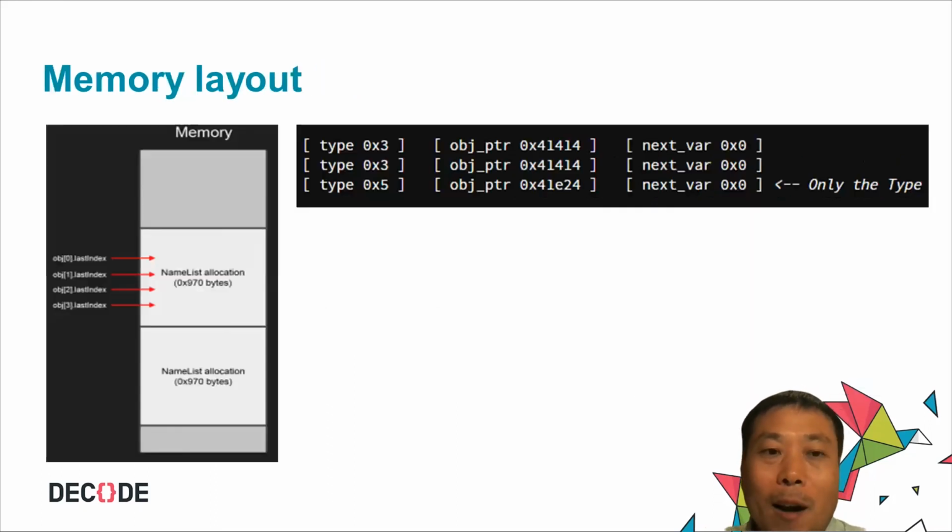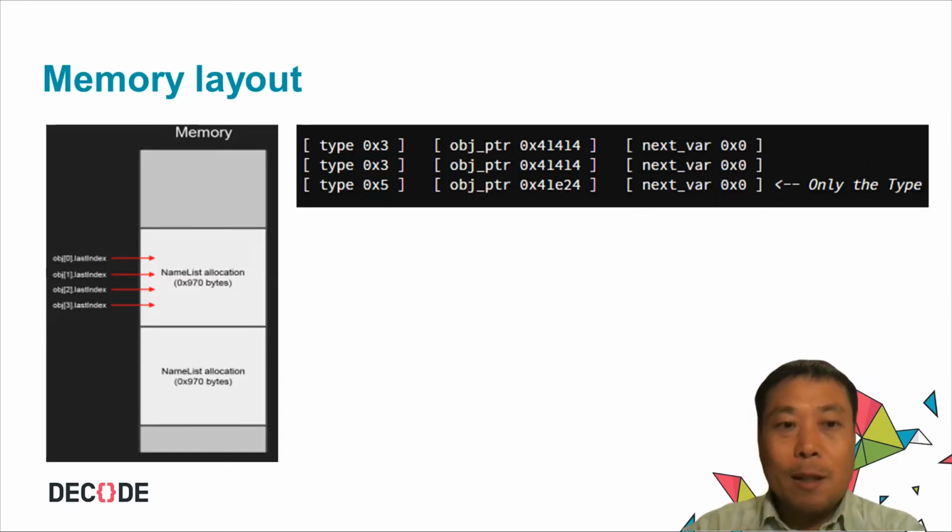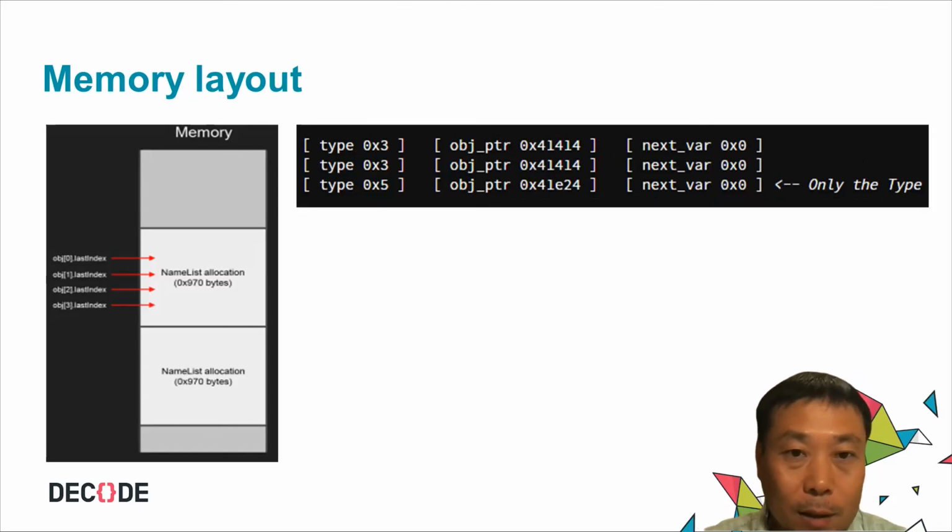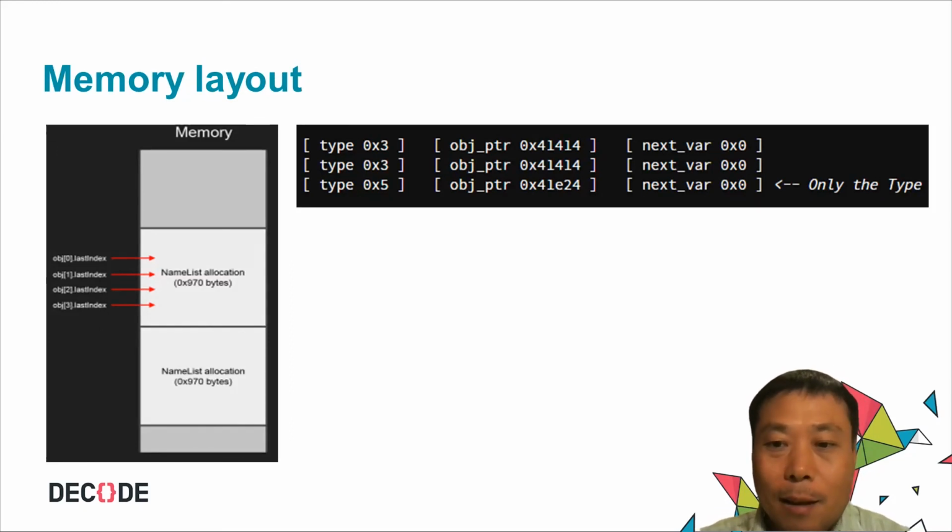So this is the memory layout after we reuse the memory. We can see the dangling pointer is still there, the system is still treating it as variants, and the data has been changed under our control. We can set each type of the dangling pointer as anything we want.